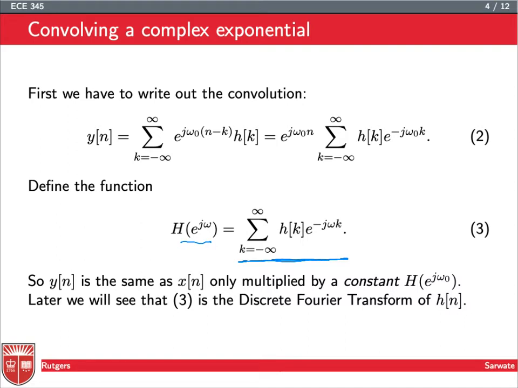And what we're looking at over here is then equal to h of e to the j omega naught. So the point is that y of n is now just x of n times h of e to the j omega naught. And what we'll see is that this formula we've been looking at is actually called the discrete Fourier transform of h of n.